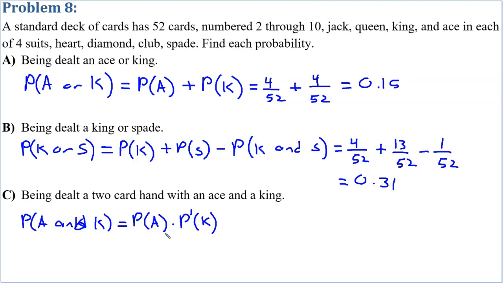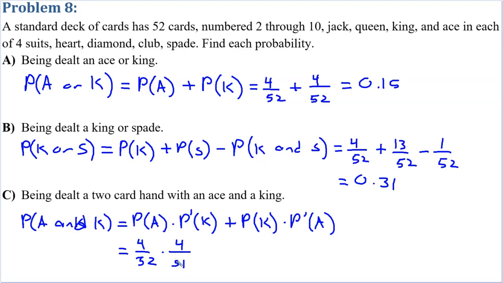These two events are not independent. And where the OR comes into play is I can get an ace and a king, or I could get a king and an ace. So we'll write that as P of K times P prime of A. Because there's 2 ways for me to get that hand, the order doesn't matter. So aces would be 4 out of 52, times 4 kings out of the 51 remaining cards.